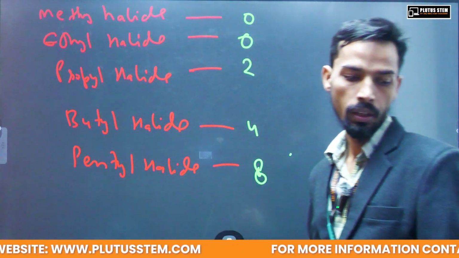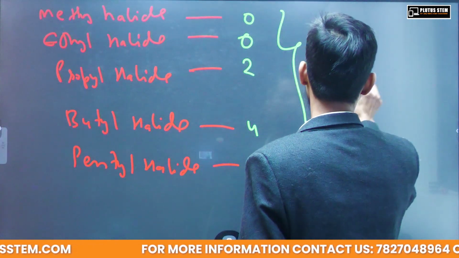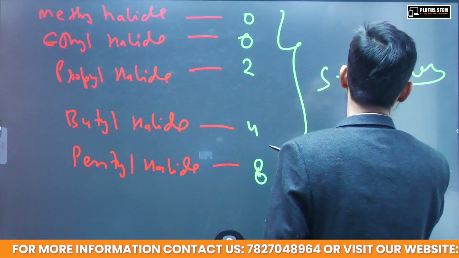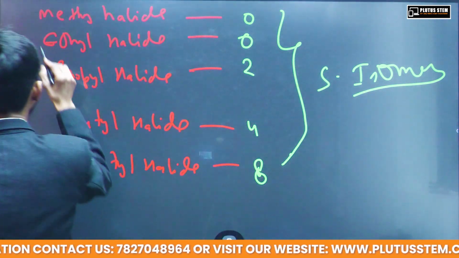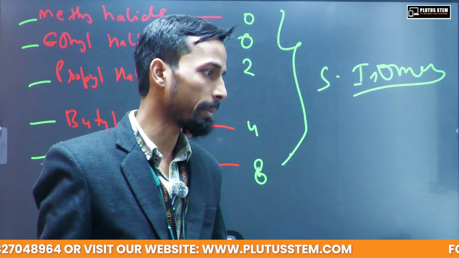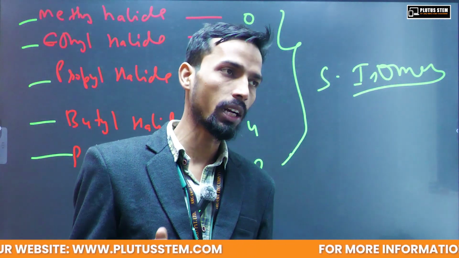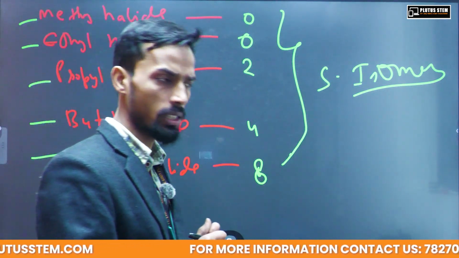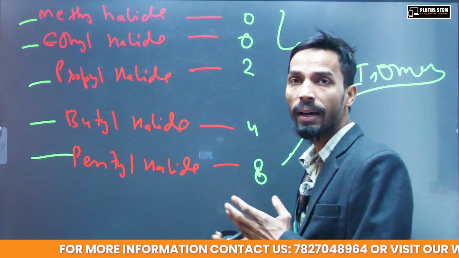Yes or no? 0, 0, 2, 4, 8 structural isomers of all these. After that, I don't think in your exam you need to draw for a higher member. It would be quite complicated, and from your exam point of view it is not that necessary. So this is for the isomerism of halides.